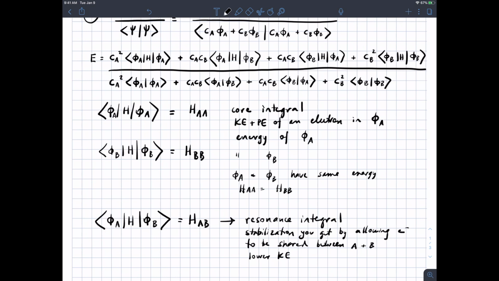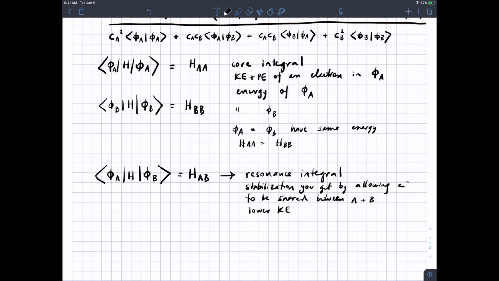Okay, so that's the energy, and you can think of that as the energy you lose or drop down on forming the new bond. Go ahead. Part of this chapter that's confusing is just there's so many integrals with seemingly arbitrary names. That's right. Core integral, resonance, exchange. Yeah, core integral. You might also call that a Coulombic integral.